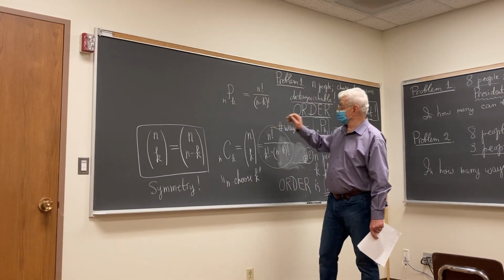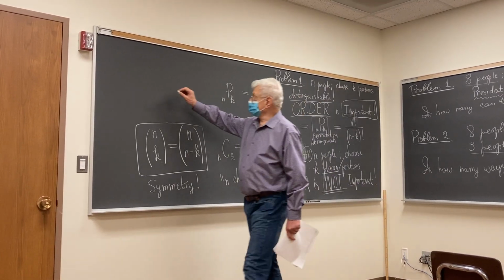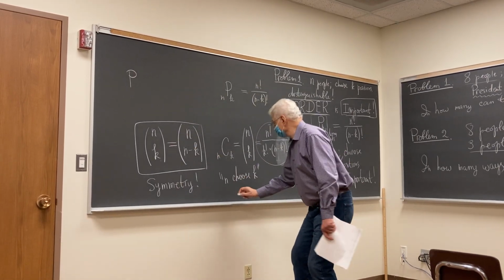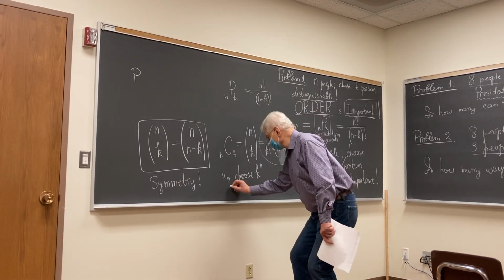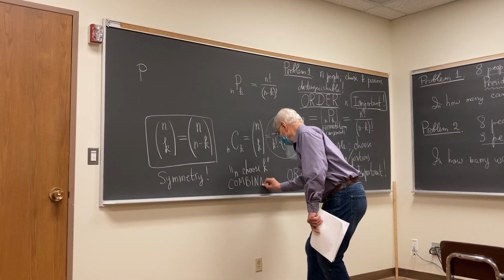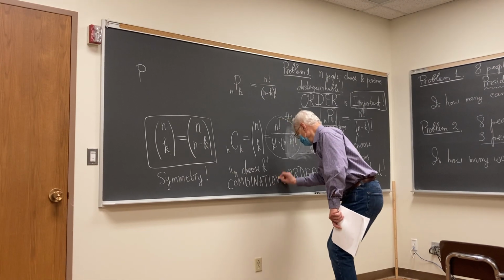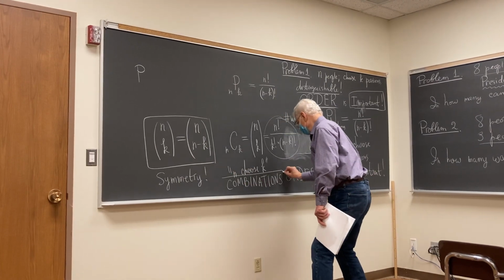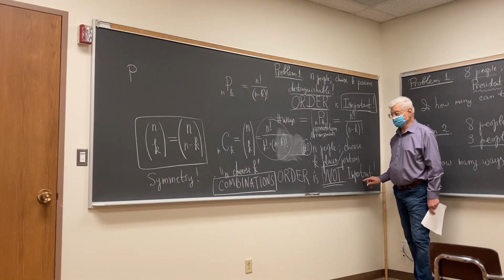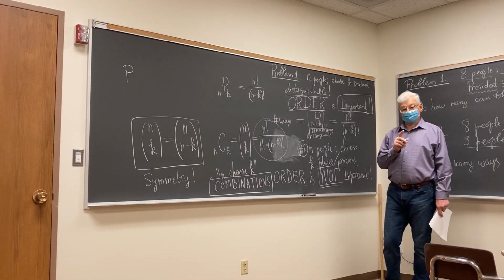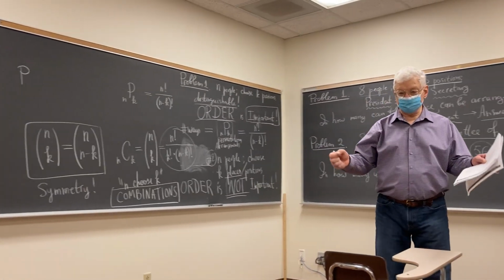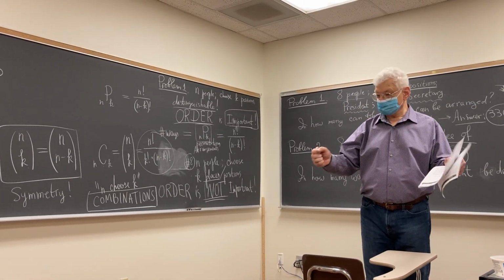Okay, and the number of permutations. That one we call combinations. Okay, let me just write combinations. And what are combinations? Order is not important. Okay, I told you many times when we learned set theory that a set is kind of a bag of things.